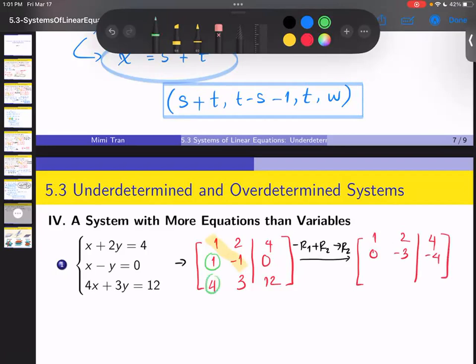Keep going. Eliminate 4. I'm not sure I need that, but let's do that. So I take negative 4 times R1, add R3, give me new R3. 0, negative 8, 3 is negative 5, negative 16, 12 is negative 4.